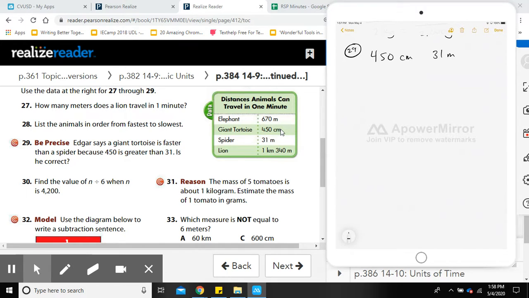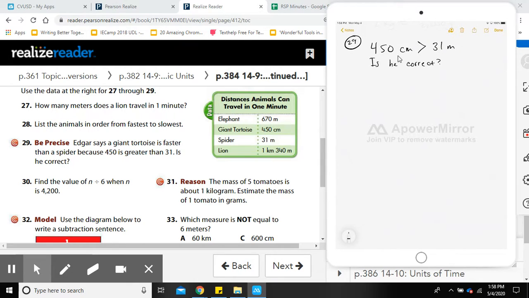So we need to convert one to the other to make sure that he's correct, because just because 450 is greater than 31 does not necessarily mean that 450 centimeters is greater than 31 meters, because centimeters and meters are different, okay? So he is claiming that this is greater than. So is he correct? This is the question we have to ask ourselves. I'm not saying this is correct just because I'm writing it. I'm writing it to remind myself of what Edgar thinks.